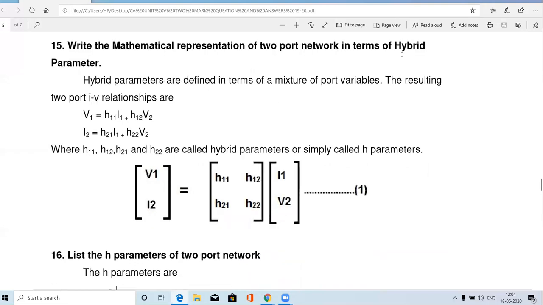Then write the mathematical representation of a two-port network in terms of hybrid parameter, that is H parameter. In hybrid parameters, the input voltage and output current are expressed as a function of input current and output voltage. This is different. Z parameter means V1, V2 as a function of I1 and I2. Y parameter means I1, I2 as a function of V1 and V2.